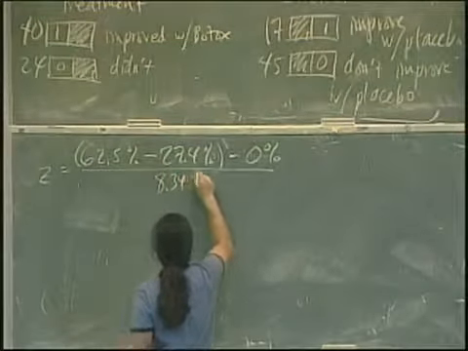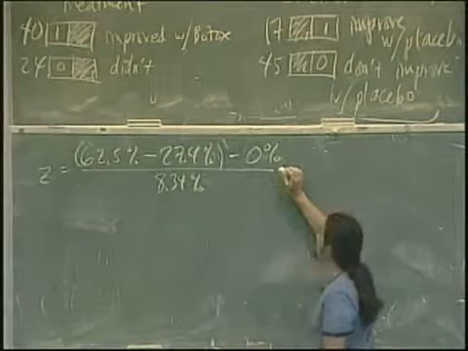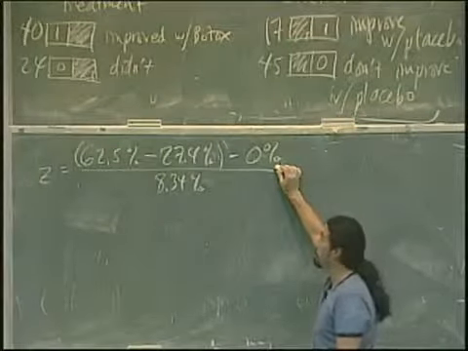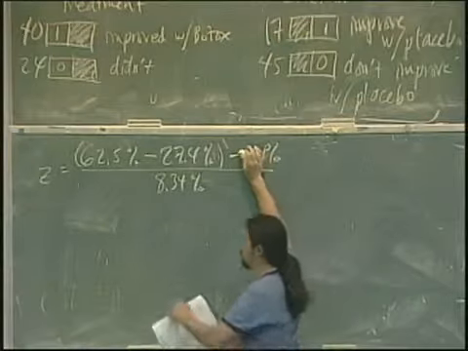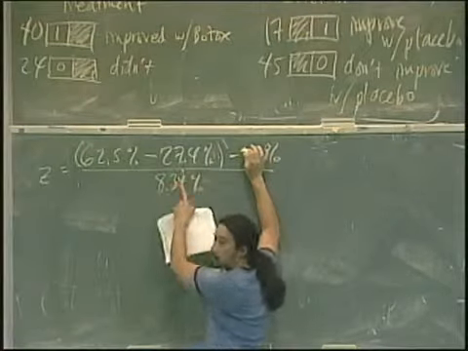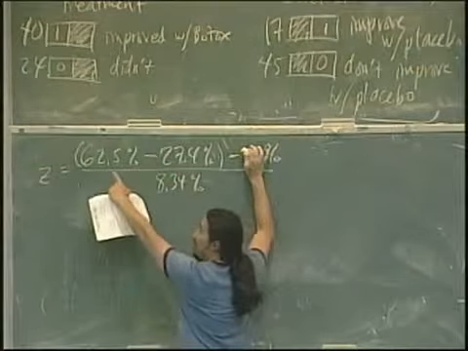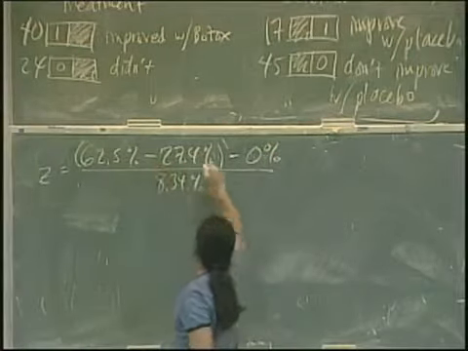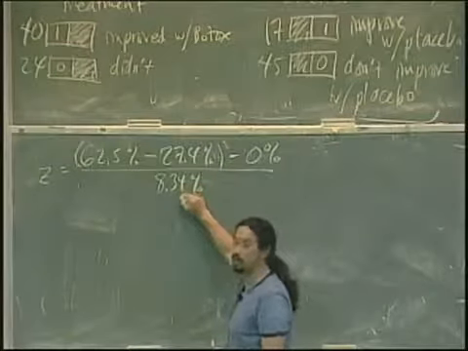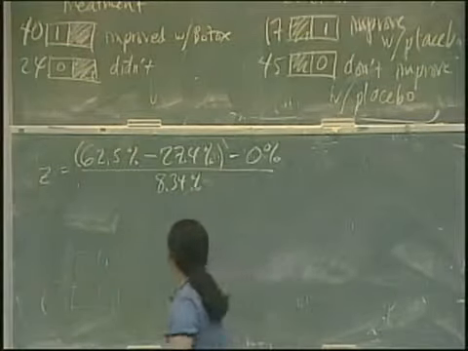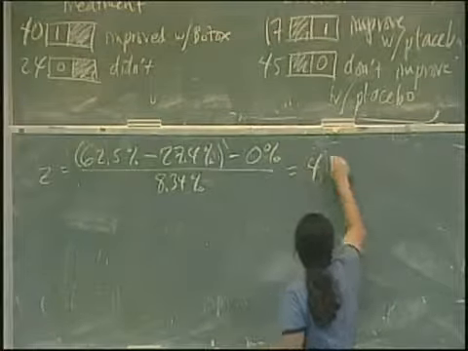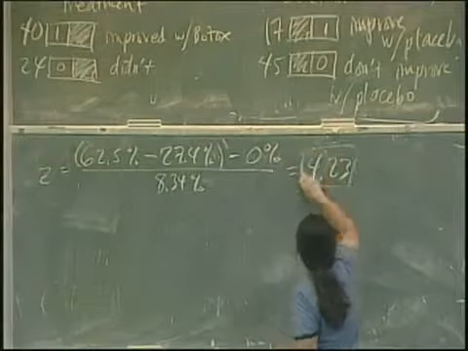As I mentioned last lecture, I think it's good practice to put this minus 0 there. If you left it off, it looks like you're doing observed minus expected, and there's a tendency to just use the SE for that. This way, it's totally clear that this is an observed difference, this is an expected difference, this should be SE for difference. So that comes out to be 4.23. So that's our z.